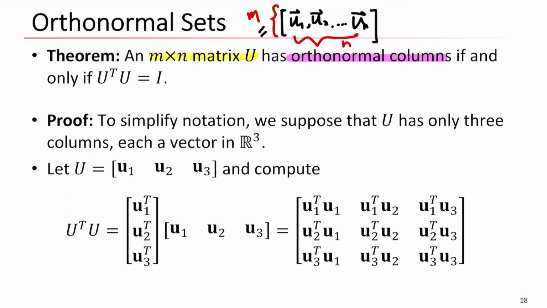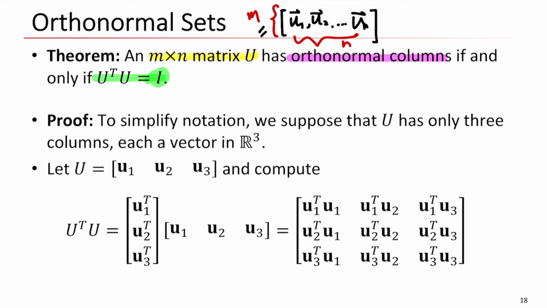So in this case, the m by n matrix U has orthonormal columns if and only if U transpose U is equal to I, the identity matrix.